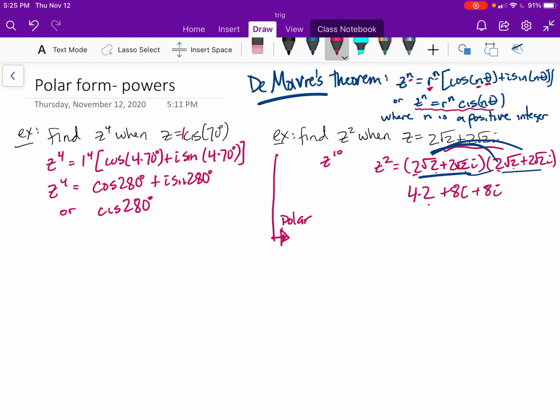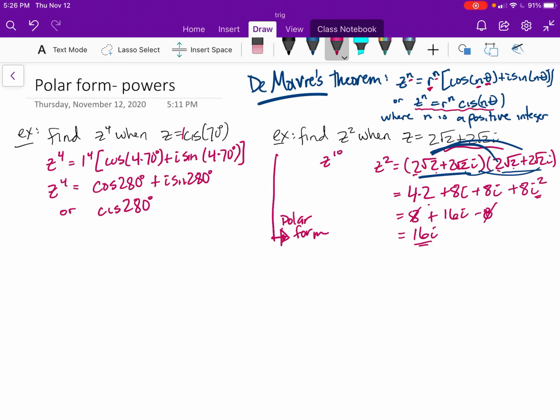And then last I would get 8i squared. Okay, so we have 8 plus 16i, and then i squared is negative 1. So negative 1 times 8, so negative 8. So we get 16i. All right. Now let's do polar form and then apply de Moivre's theorem and verify that we do in fact get 16i.